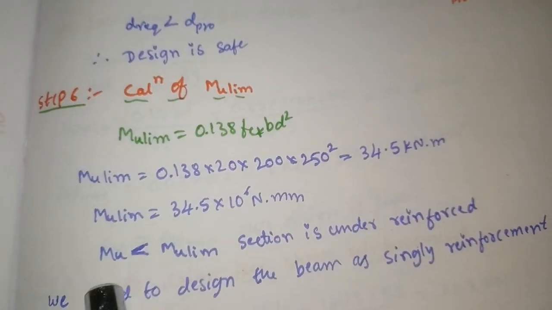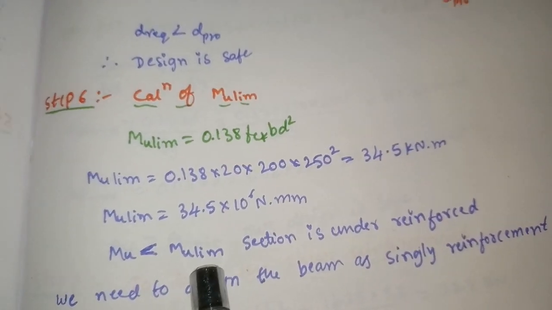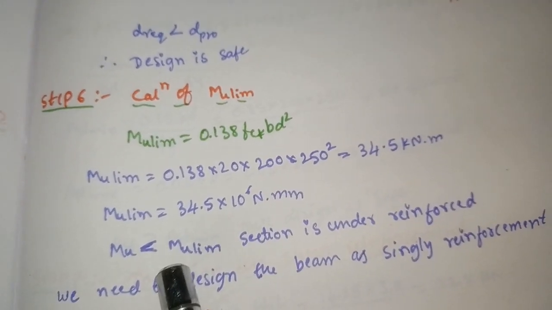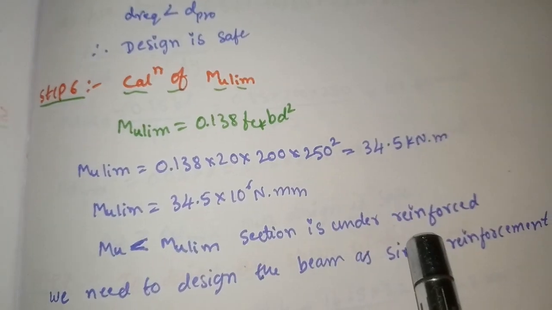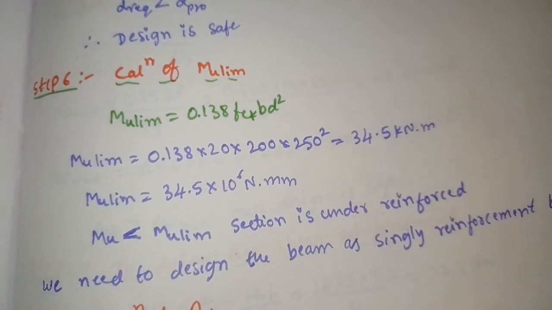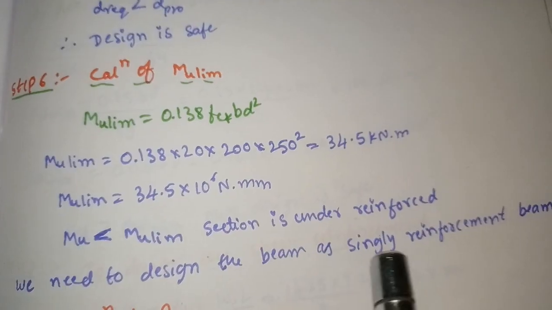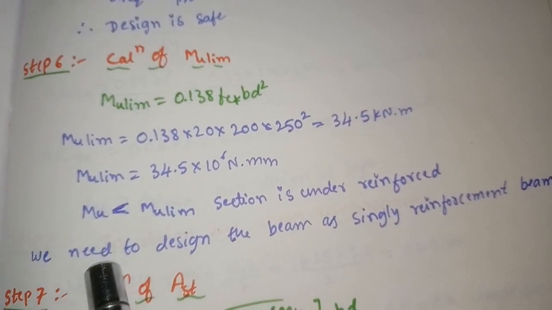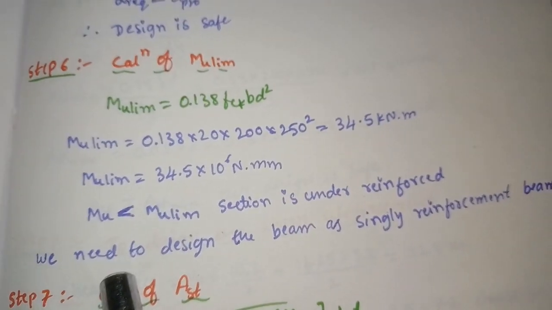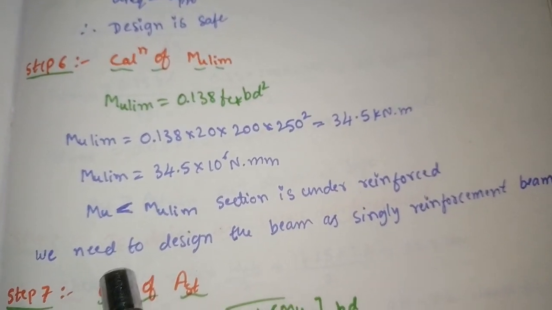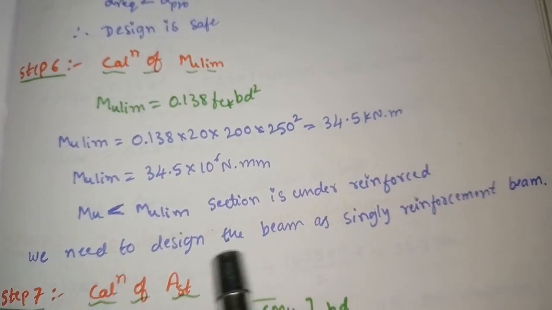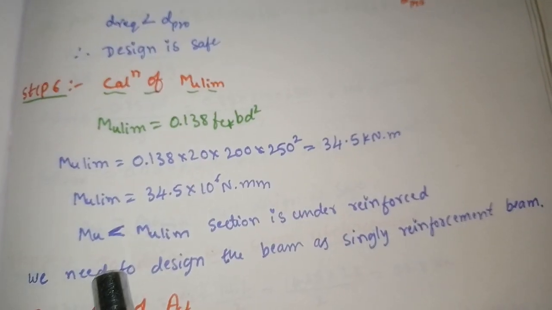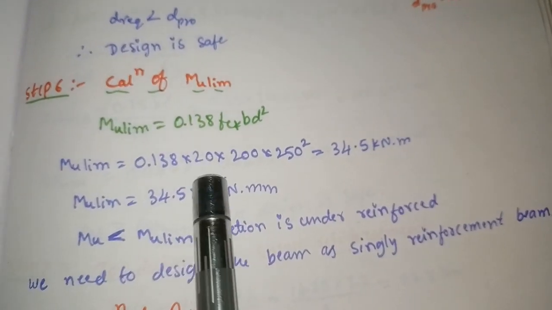When our Mu is less than the Mu limit, it clearly says that our section is under reinforced. So now we need to design the beam as a singly reinforced beam. When our Mu is less than the Mu limit, it concludes that our beam should be designed as a singly reinforced beam. So for this conclusion, we need to calculate the Mu limit.